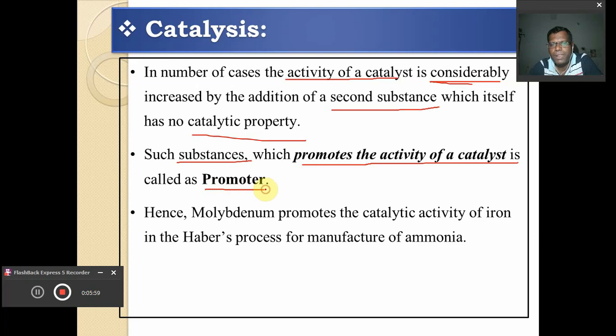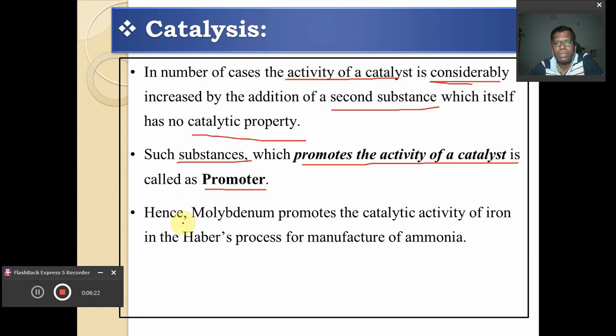So remember, this is a substance other than the catalyst, but it increases the activity of the catalyst. It is also able to increase the rate of reaction by increasing the catalytic activity of the catalyst, but itself does not have any catalytic activity, and such substances are called promoters.